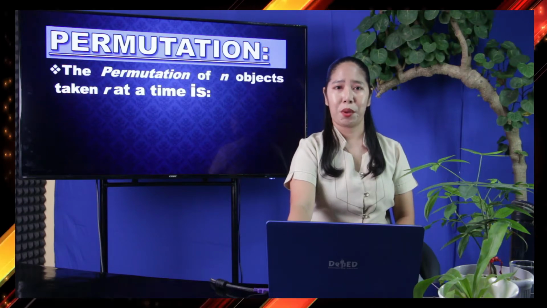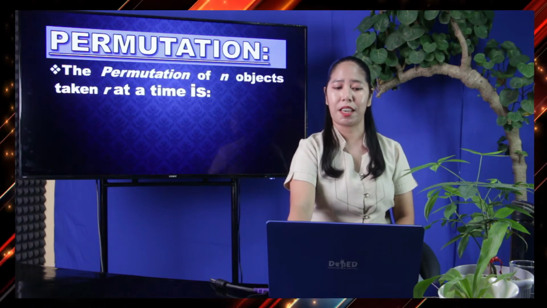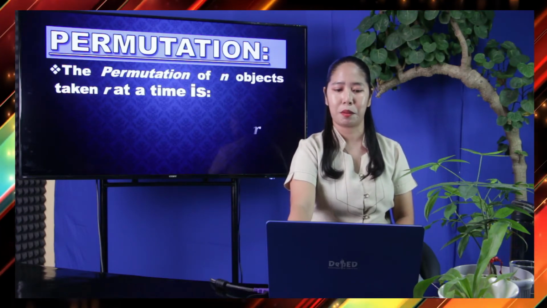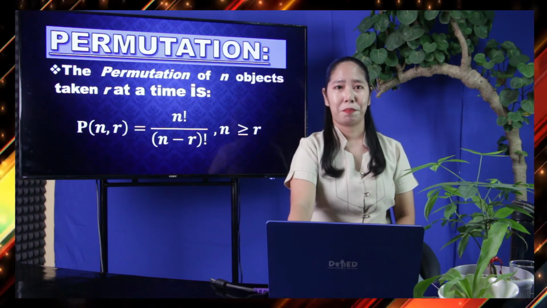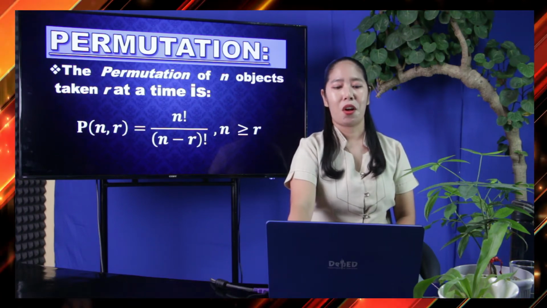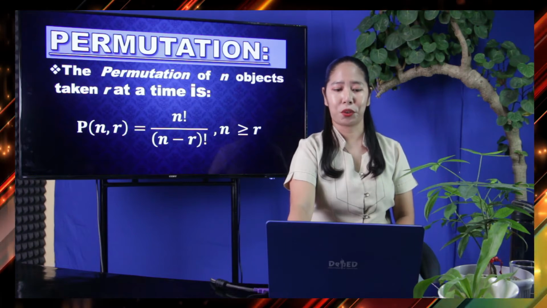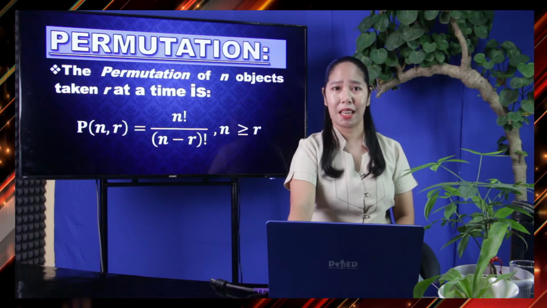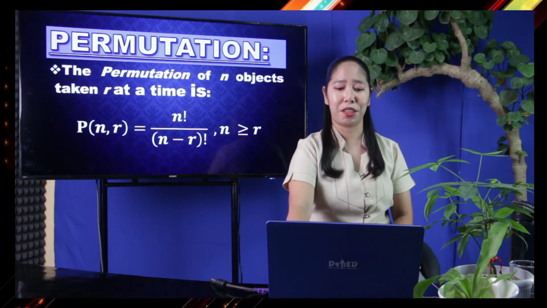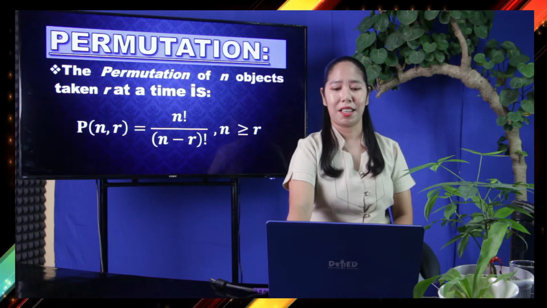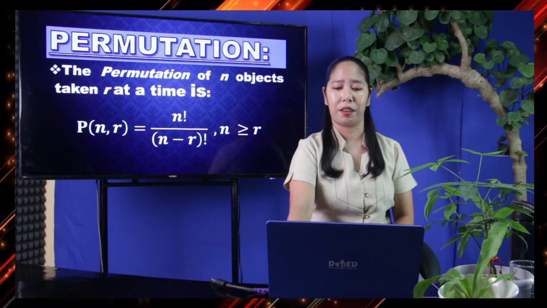To get the number of permutations for every situation, a formula is to be used. The permutation of n objects taken r at a time equals n factorial over quantity n minus r quantity factorial, where n is greater than or equal to r.